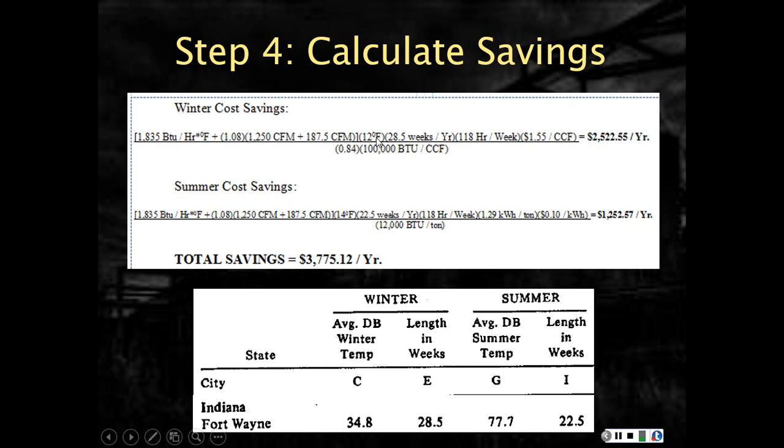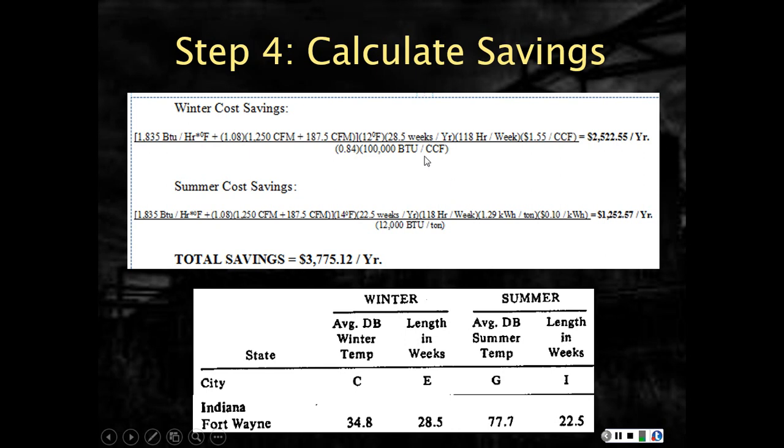On the winter side, I know how much setback I'm doing. The average length of the winter season for that area, Fort Wayne, I got that from my correlation weather data. The hours per week setback that I'm going to be able to do times the cost for my fuel divided by the fuel efficiency and divided by the BTUs per CCF gives me a cost savings.